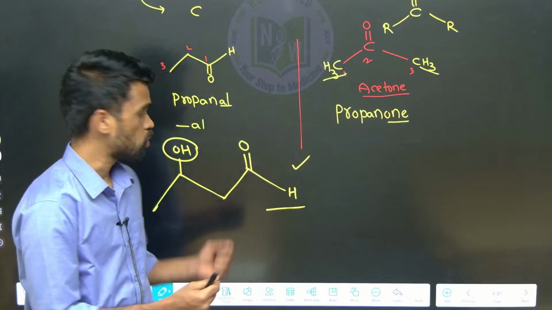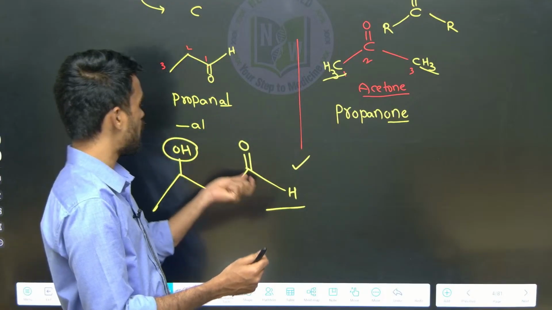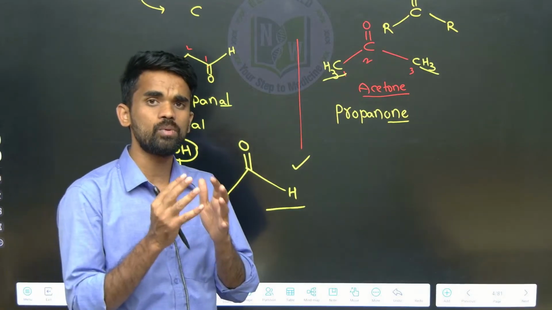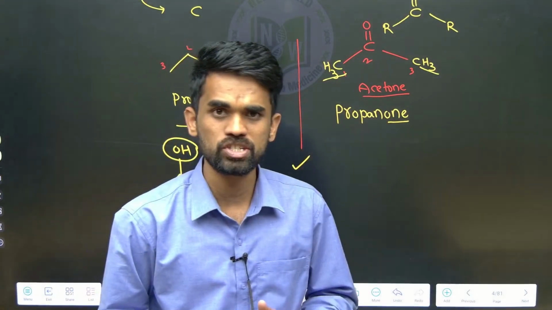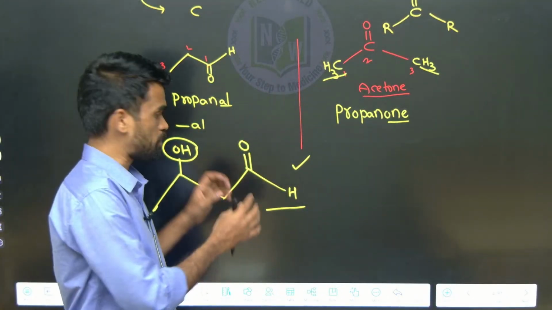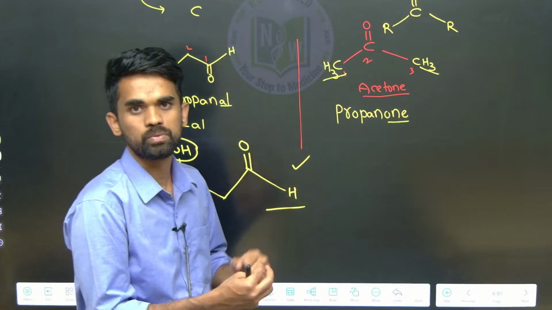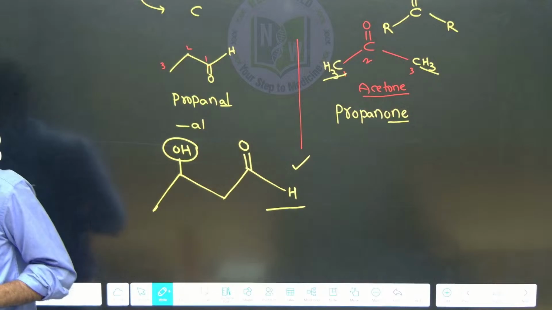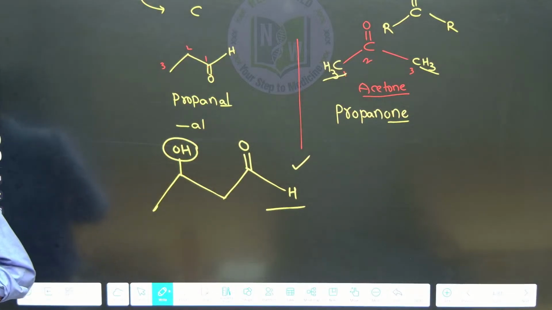So tell me, how can we write the name of a compound having both alcoholic and aldehydic functional groups? I hope you have watched my IUPAC nomenclature session where I covered clearly how to give the IUPAC name of a compound having a polyfunctional group, multiple functional groups. Just tell me, how can we answer this?